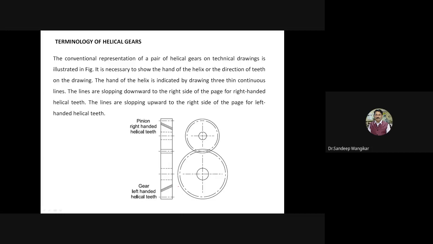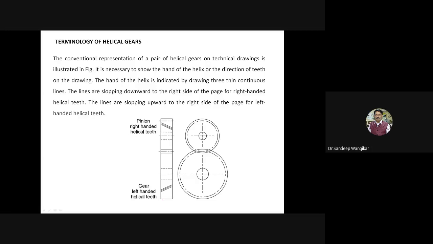So here, the terminology. As we have already discussed the terminology of spur gears, there is a face width, a module, pitch circle diameter for pinion, pitch circle diameter for gear, number of teeth on pinion, and all these are expressed in terms of module. But in that case, there is no helix angle concept and the teeth are cut parallel.